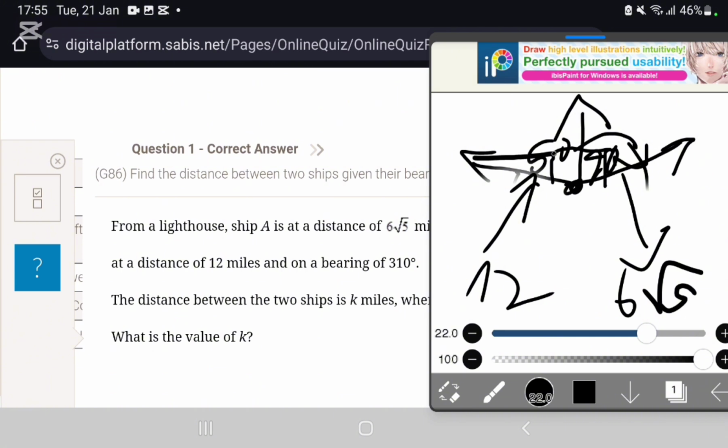But they want this. You see this big line that I'm drawing? They want this. To get that line, we can simply do the Pythagorean theorem, because we have a right angle and we have both legs, the legs being 12 and 6 radical 5.